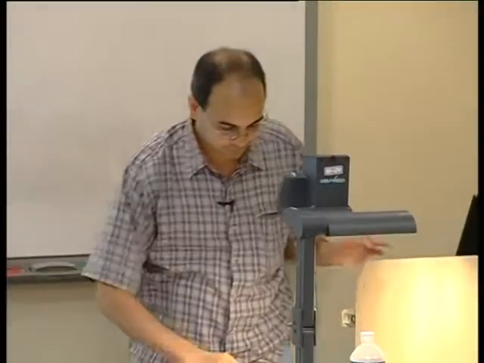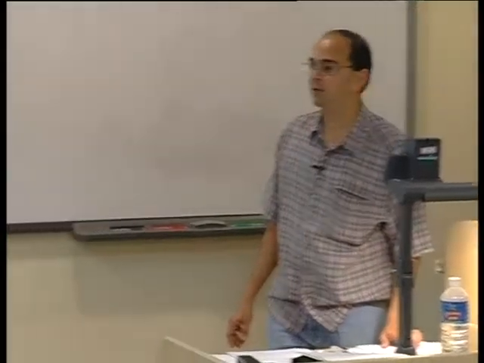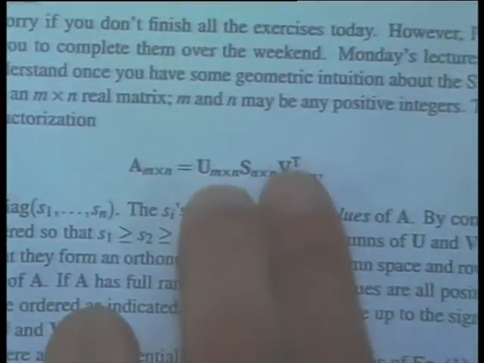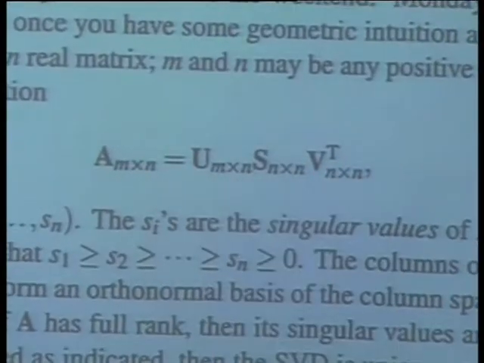And so what you can do now, with a given matrix which is m cross n, is this. If both m and n or one of them is large, these matrices U, S, and V are large, so you may not want to deal with such large matrices.